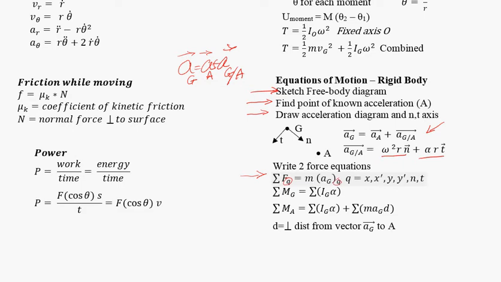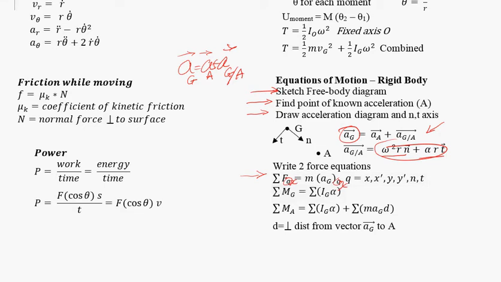For example, you may want to sum all of the forces in the x direction and set them equal to mass times the acceleration of G, which you would get from right here by combining these in the x direction. And write two of those, x and y for instance, or x prime and y prime, normal tangent, and so on.